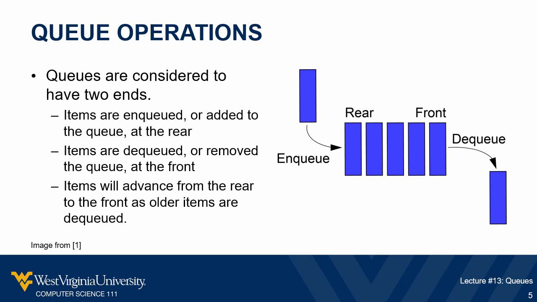When we remove things from the queue, or dequeue them, that happens at the front of our queue. As we dequeue things, items that are at the rear slowly work their way up towards the front every time another thing gets dequeued. This is a little bit different than with a stack, where all the operations are done at the top of the stack.